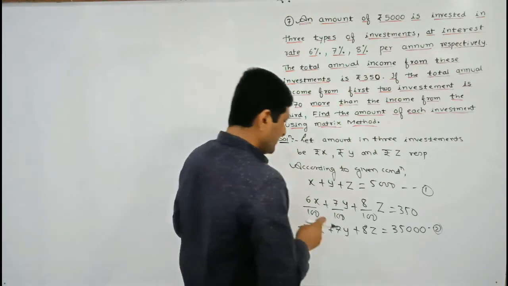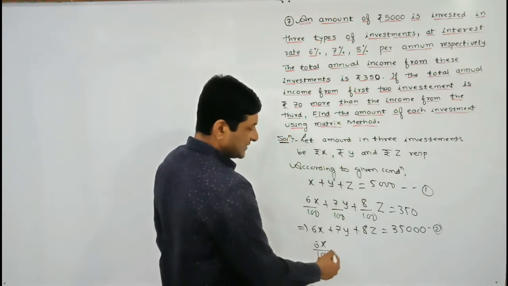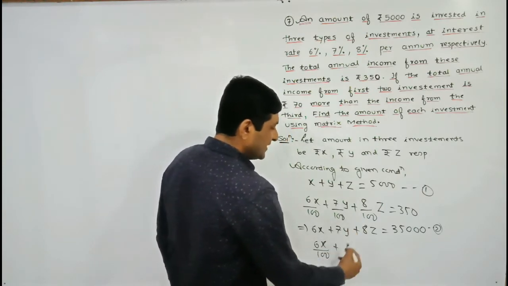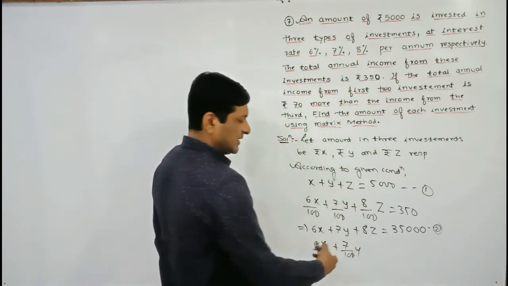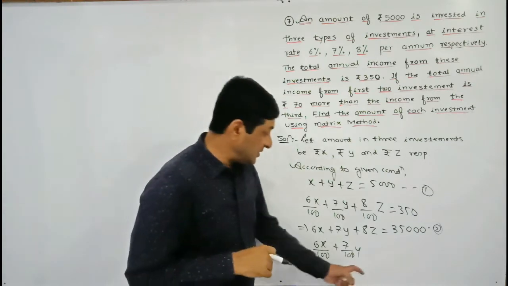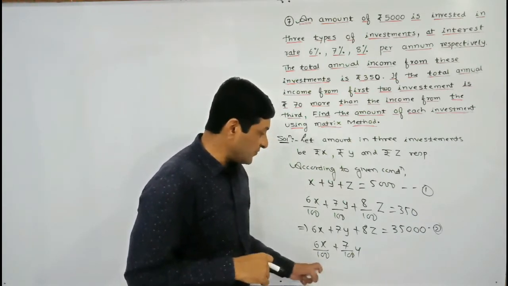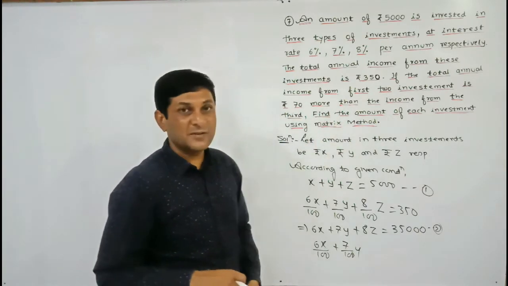From the first investment we have already seen that we get 6x upon 100. From the second investment we are getting 7 upon 100 y. This is the annual income from the first two investments. And what is the given condition? This annual income from the first two investments is 70 more than the third investment.